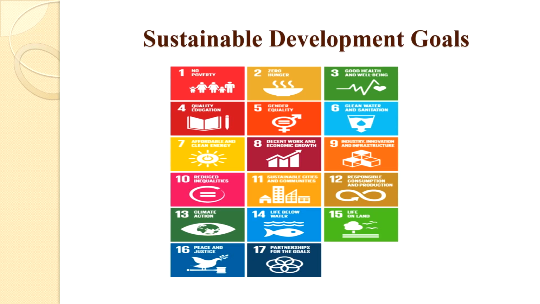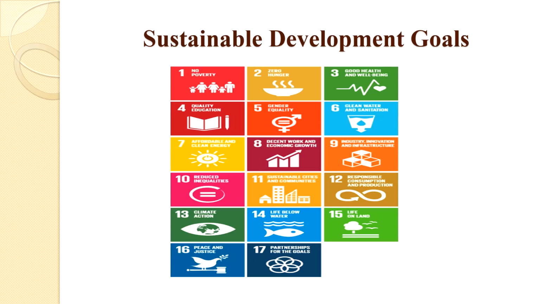The first one is no poverty, second one zero hunger, third one is good health and well-being, fourth one is quality education, fifth one is gender equality, sixth one clean water and sanitation, seventh one affordable and clean energy, eighth one decent work and economic growth, ninth one industry, innovation and infrastructure, 10th one is reduced inequalities, 11th one sustainable cities and communities, 12th one is responsible consumption and production, 13th one climate action, 14th one life below water, 15th one life on land, 16th one peace and justice, 17th one partnerships for the goals.